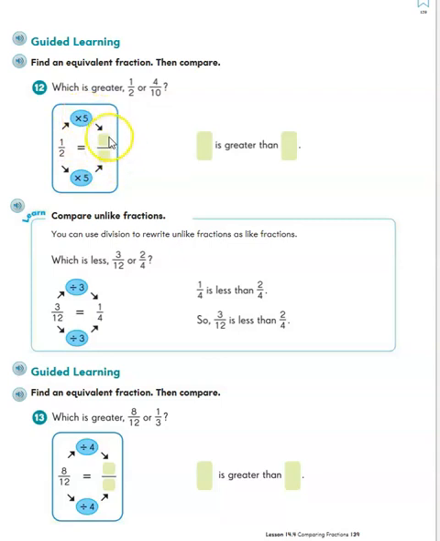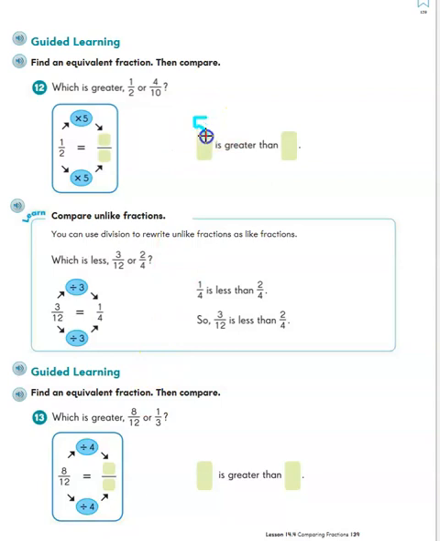So now we have 5/10. So we know that 1/2 is equivalent to 5/10. So if we're comparing 5/10 to 4/10, we know that 5/10, or 5 pieces out of 10, would be bigger, right?